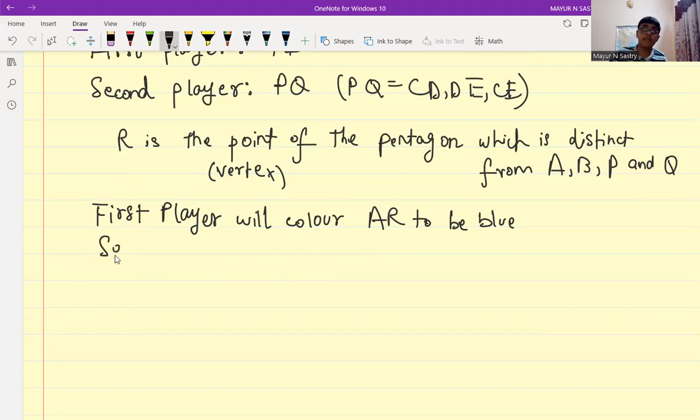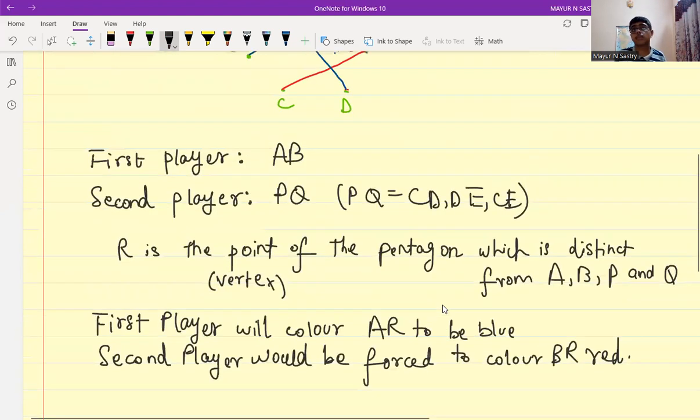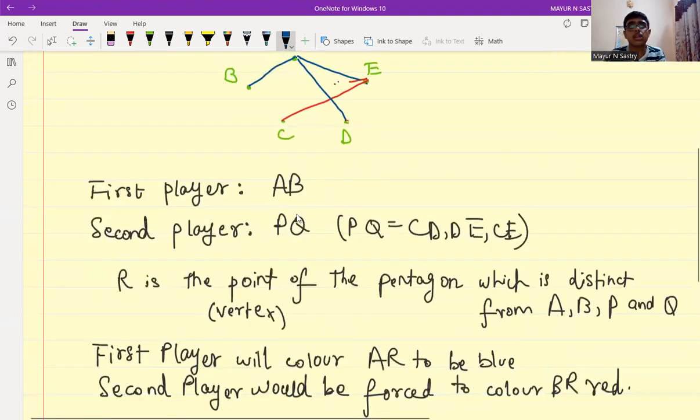So the second player would be forced to color BR red, because if he did not, then in the next step, I would complete the triangle ABR, whose all sides are blue in color. So let us look at the next thing we did. The next thing we did was to join AE, right? So taking the analogy, we could say that he joined AQ.